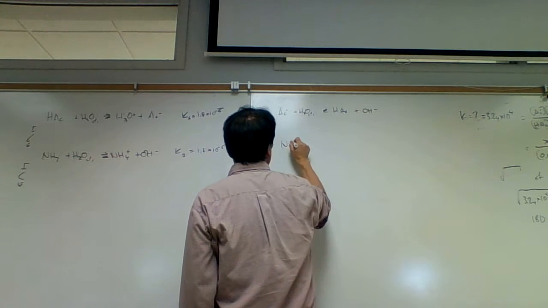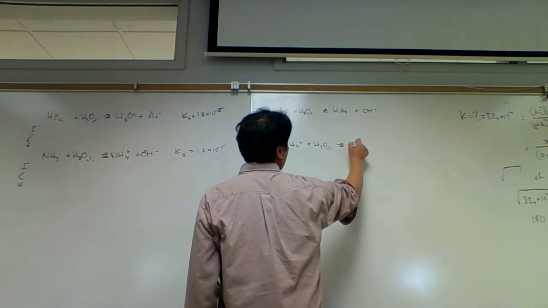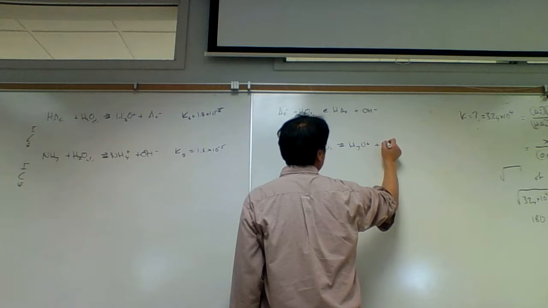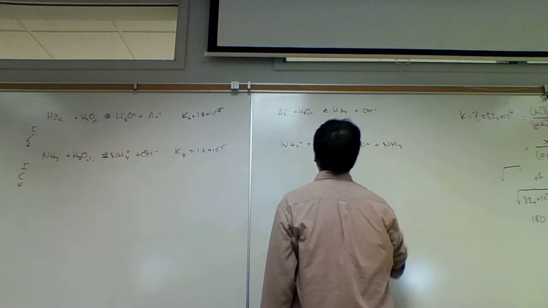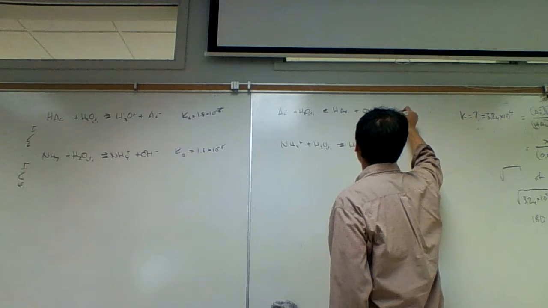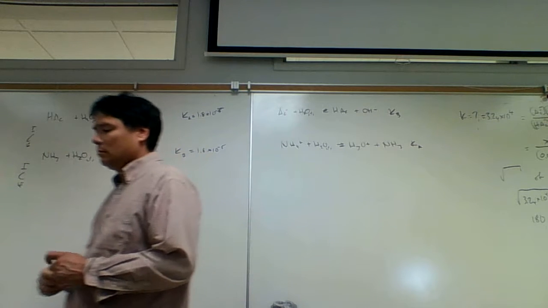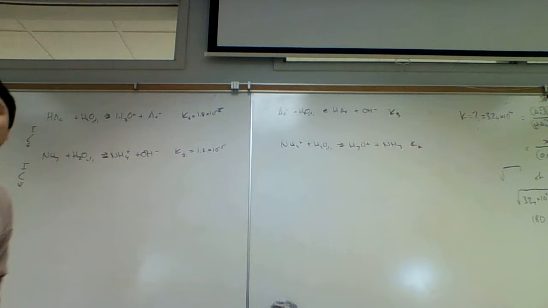And the ammonium plus water yields hydronium plus ammonia. So I have this one. This would be the Kb for acetate. This would be the Ka for ammonium. So I can plug in all those concentrations and then solve the ice tables for these.